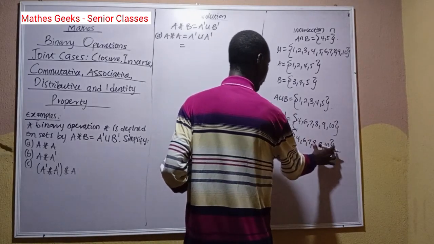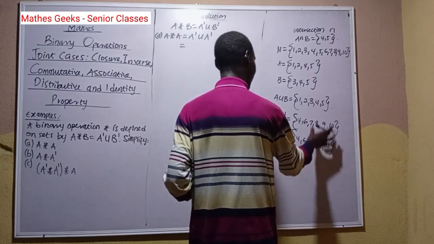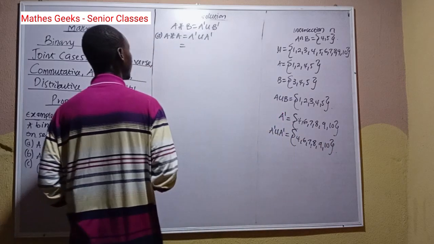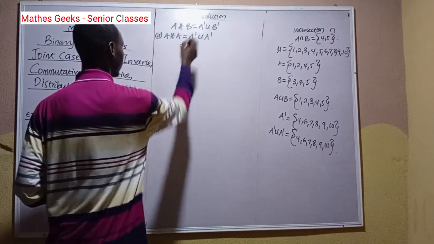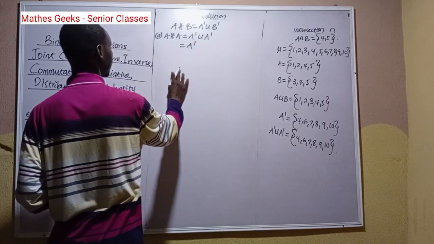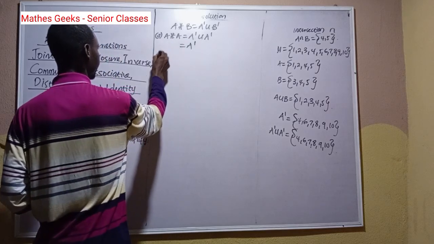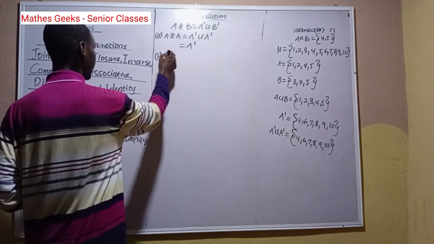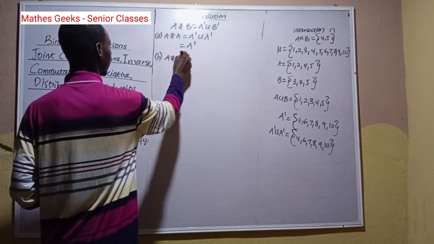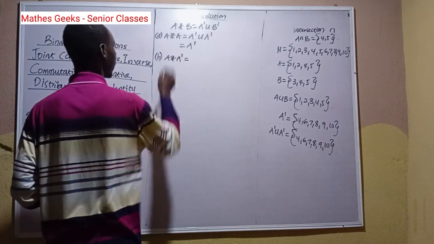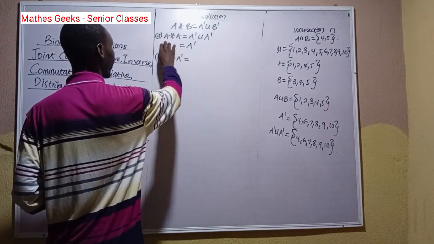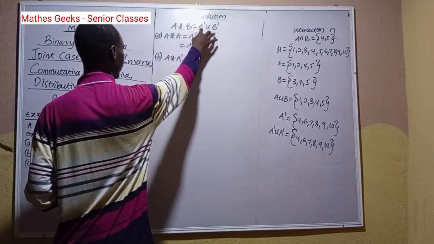So this is what you're going to do. And if you look at it, this is the same thing as A complement. So A complement union A complement will give us A complement. So that's A star A complement. Now remember, A here is A complement from our definition.